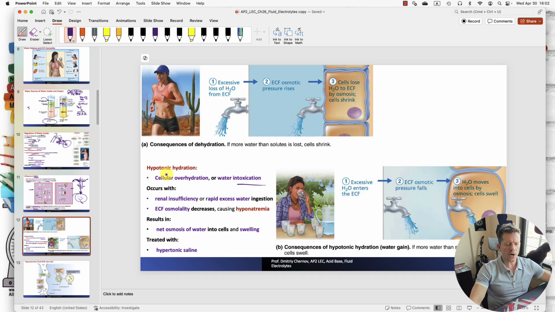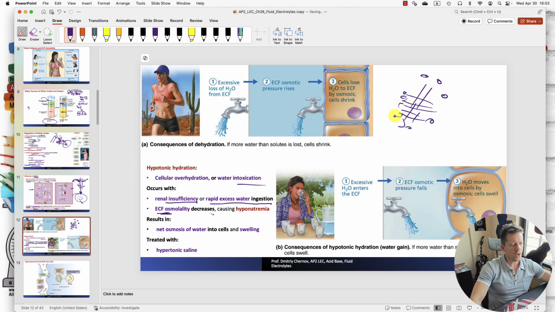So hypotonic hydration, cellular overhydration, or water intoxication. But in this case, it's rapid excess water ingestion, right? For example, either the kidneys are keeping water and cannot get rid of it, and you're drinking too much. So the extracellular fluid osmolarity decreases, meaning that in extracellular fluid, in interstitial space, you have a lot of solutes, right?